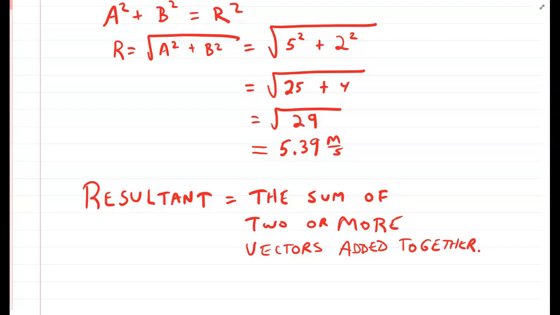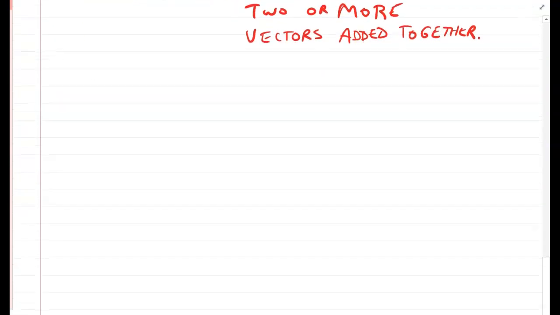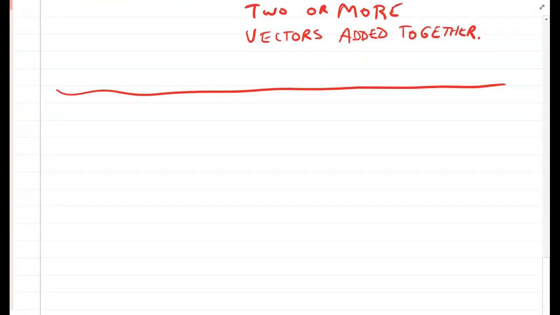Now, I have some pet peeves when people are working with vectors that we need to talk about. When you're drawing a vector, a lot of times I see students just draw a line like this. You have to have an arrowhead whenever you draw a vector. It has to have an arrowhead because that signifies the direction.